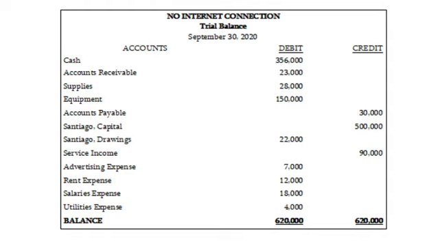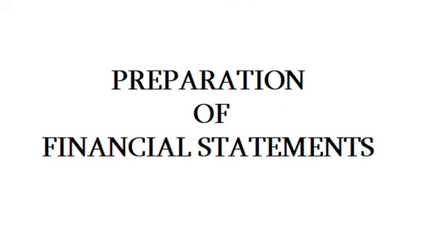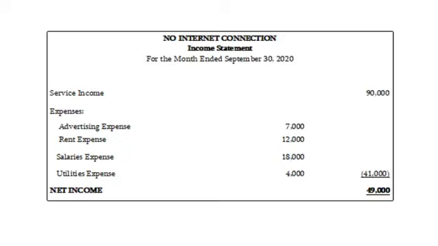After ng trial balance is the preparation of the financial statement. So, magkakaroon tayo ng pahapyaw nitong ating financial statement. So, the first financial statement that we will prepare is the income statement. Anong makikita dito sa income statement?